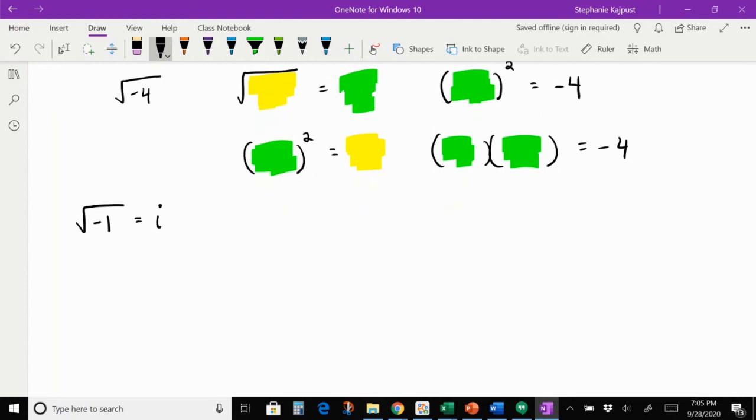Some people think it's called an imaginary number because the numbers they were working with before were called real numbers, and the opposite of real is imaginary. Some people think it was called imaginary because people didn't believe these things really existed. The truth is they do. Complex numbers come up all the time in electrical currents for alternating current.